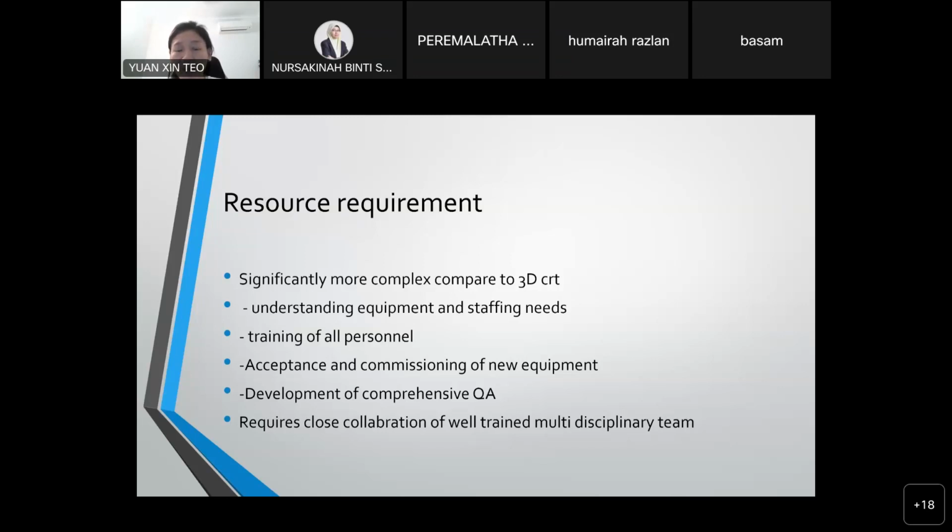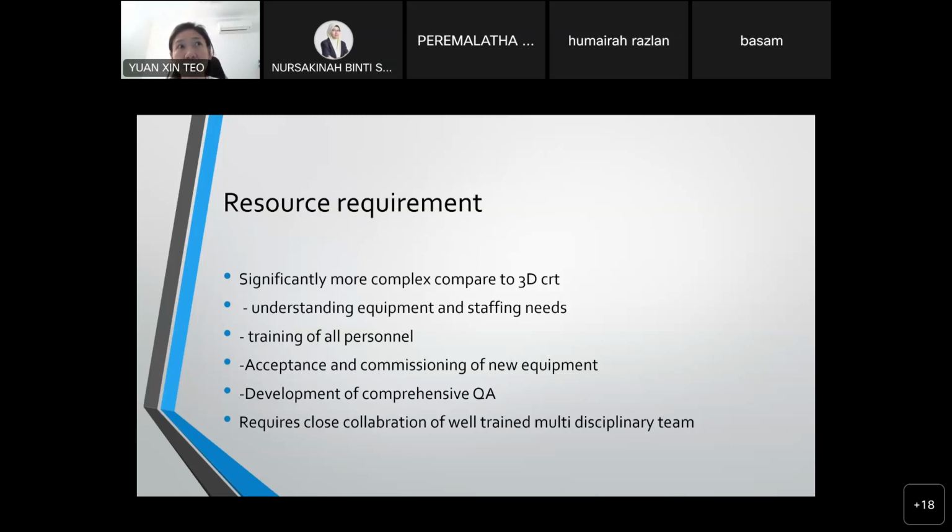For new equipment also, for the machine, we will need to do acceptance and commissioning again, because with the 3D technique we may accept a higher tolerance.